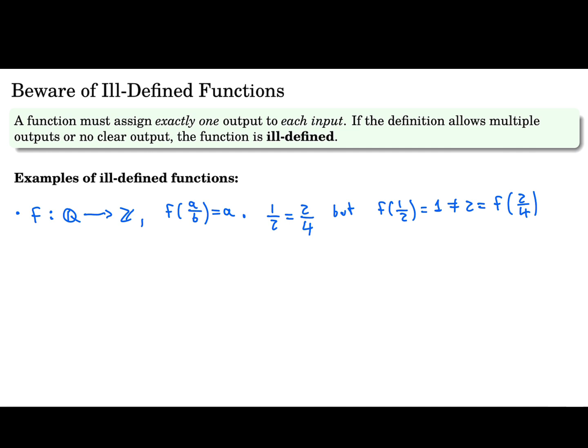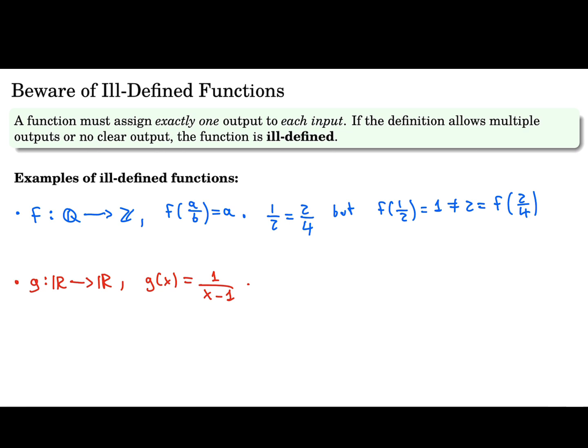Okay. Let's see another example. Suppose we have g from the real numbers to the real numbers such that g of x is equal to 1 over x minus 1. You might have dealt with this in your calculus course.